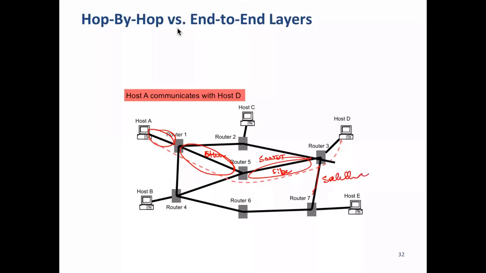So now my path here consists of multiple links. Now when we talk of a link layer protocol, the responsibility of that protocol is only for that link. That's it. It is not concerned about the entire path. It's just part of the path.